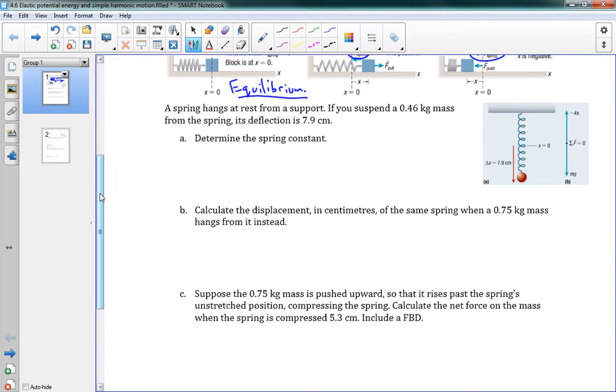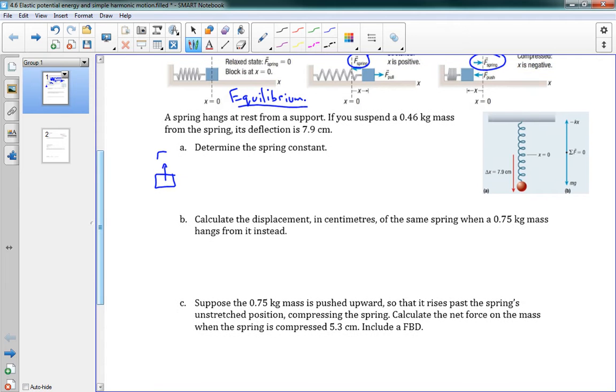So we could draw a little picture for our mass, and we could say, well, it has the spring force, right? We have our Fx upwards, and we have mg downwards. So that means in this case, Fx is equal to mg. Well, it's equal to negative mg.